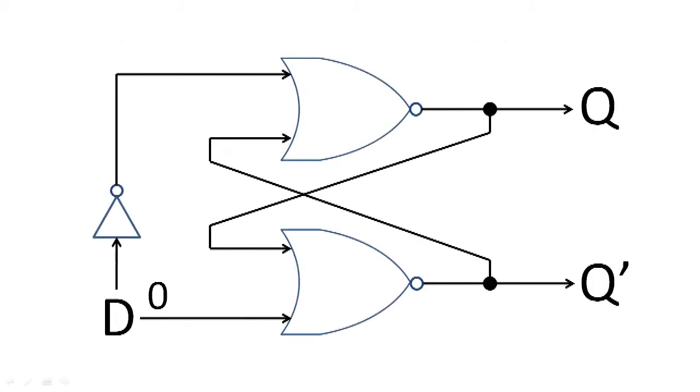Now, the SR latch is useful, but we can make its operation simpler by forcing the two inputs to be complements of each other. Now, when we make our new data input 0, the input's complement will be 1. This will reset the state of the latch to 0. Q prime will also become 1.